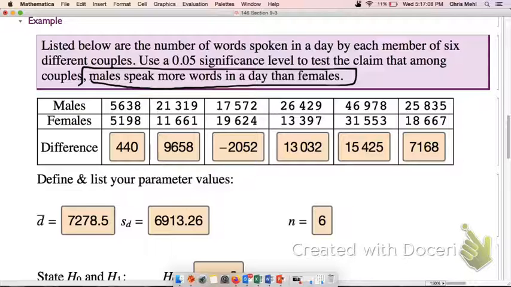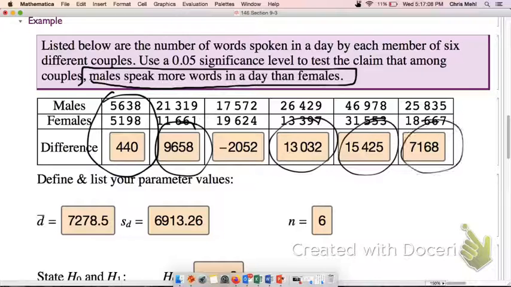Now look at one of these differences, maybe just the first matched pair. Notice that in that matched pair, the male did speak more words than the female, and the difference itself was positive. That's actually the case for 5 of the 6 couples. So the values of the differences are positive when males speak more words. The mean of all 6 of those values is positive, 7,278.5.